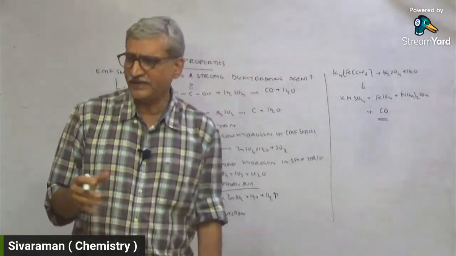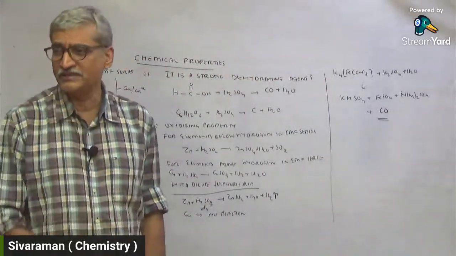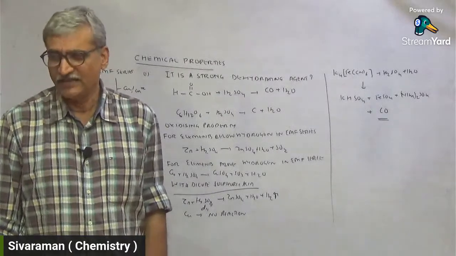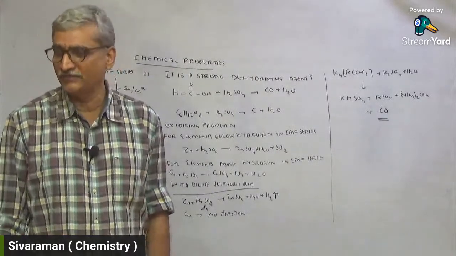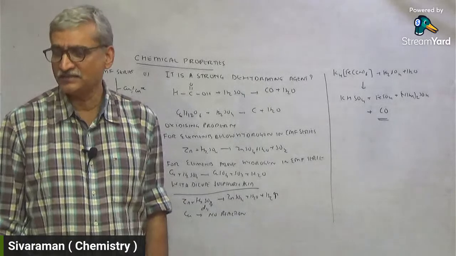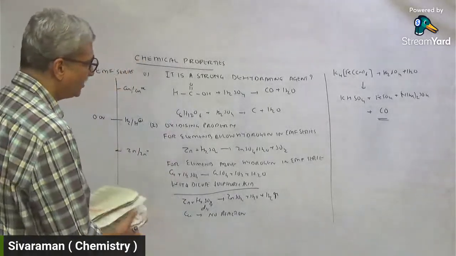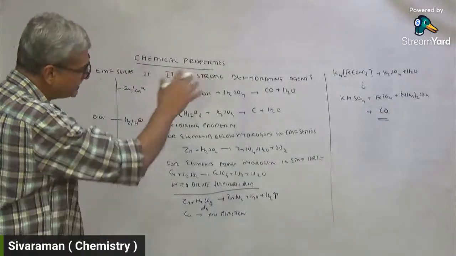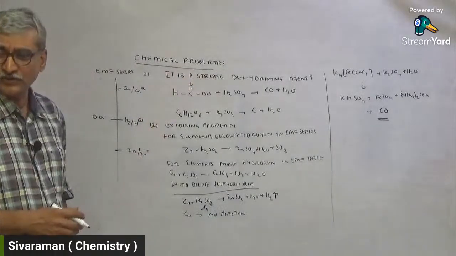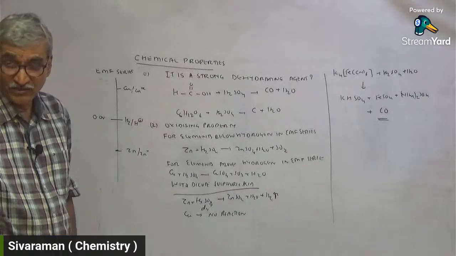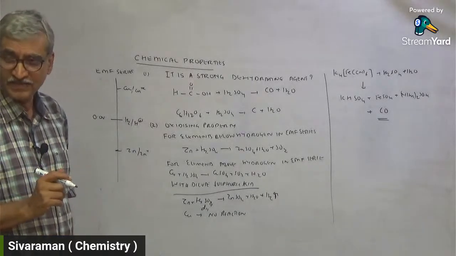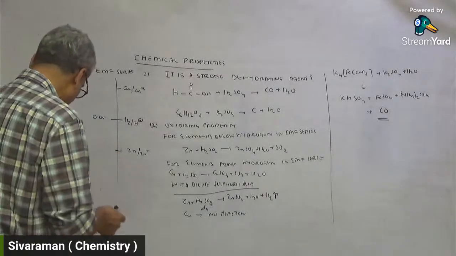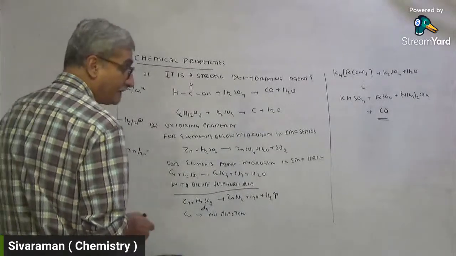I've tried to reason out what kind of question can be framed on this. This is the only possibility I thought of: the action of sulfuric acid on potassium ferrocyanide, one of the products obtained is carbon monoxide. It may not strike you that we'll get carbon monoxide, so that could be the only relevance over here.